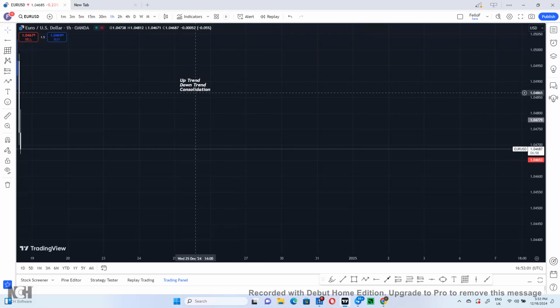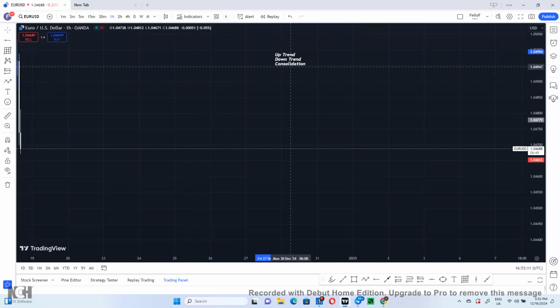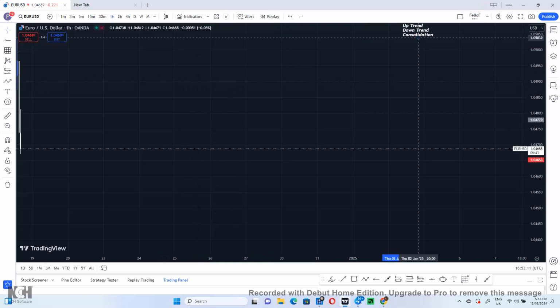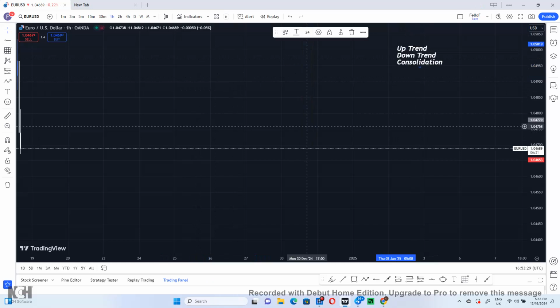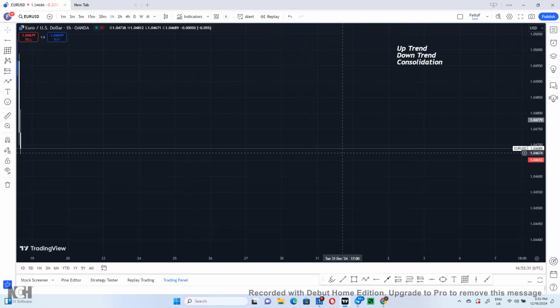You get? So we have the uptrend, the downtrend, and the consolidation trend. All right, let me just take this aside. We have these three factors. Let me increase the size so that it could be bolder for you to see.